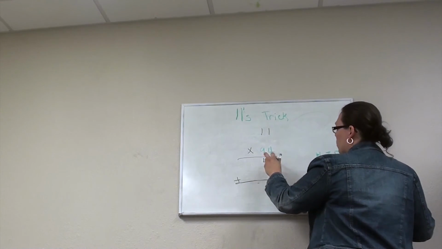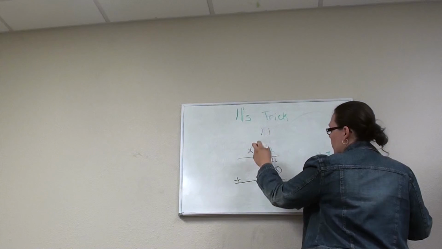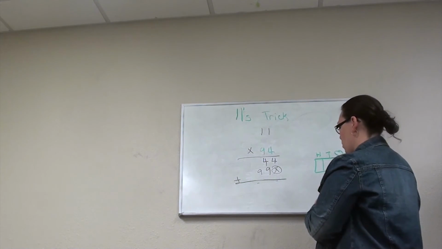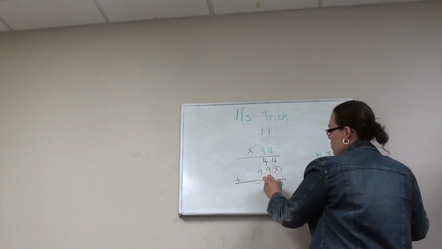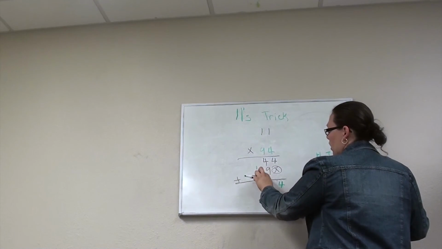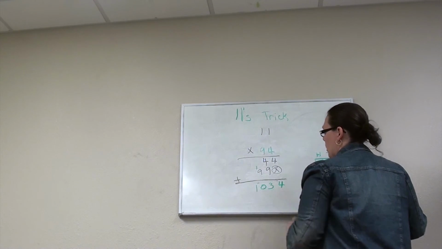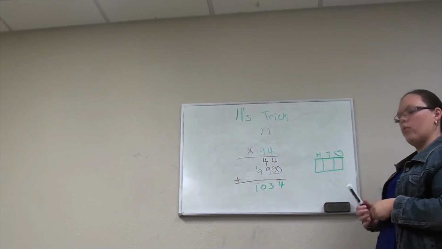So 44. Drop your place value, that becomes 0. 9 times 1 is 9, and 9 times 1 is 9. So you have 4. 4 plus 9 is 13. And 1 plus 9 is 10. So you're going to come up with 1034.